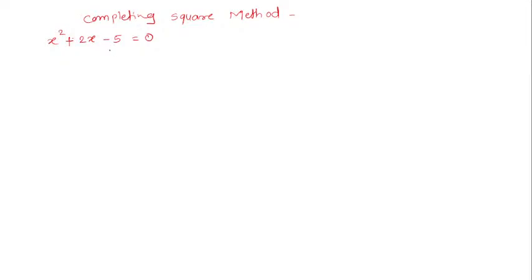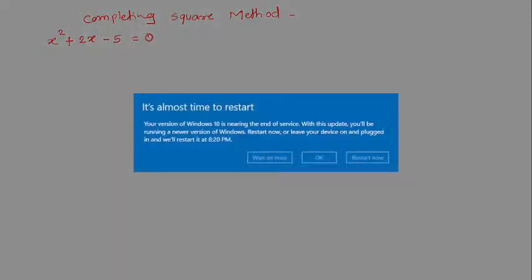We can see here that we cannot find the factors of minus 5 such that the addition or the subtraction of those factors is plus 2 and the product is minus 5. So no such factors are there. That's why we cannot use the factorization method. And if we are not using the factorization method, we have to use another method, either the formula method or the completing square method.